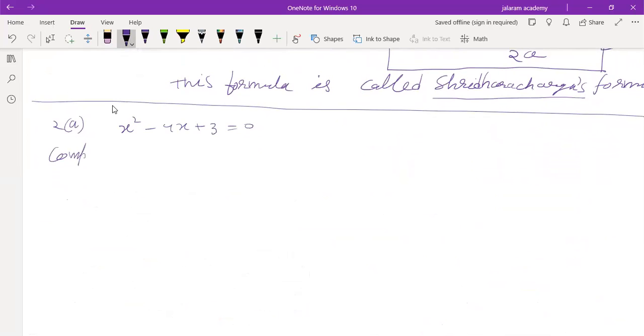So first we will compare it with ax square plus bx plus c equals 0. Understood?